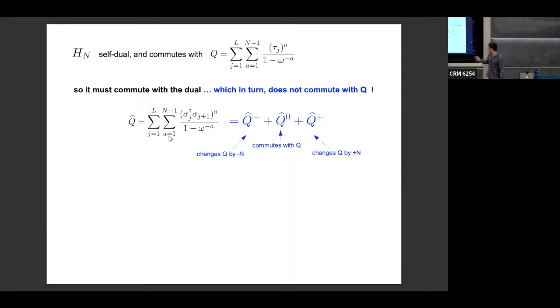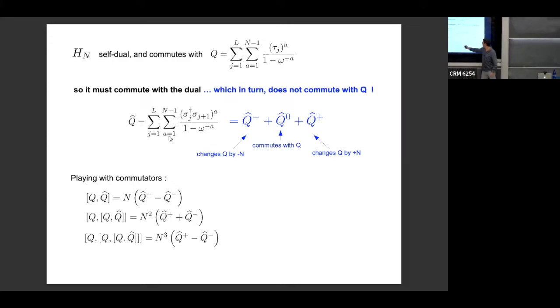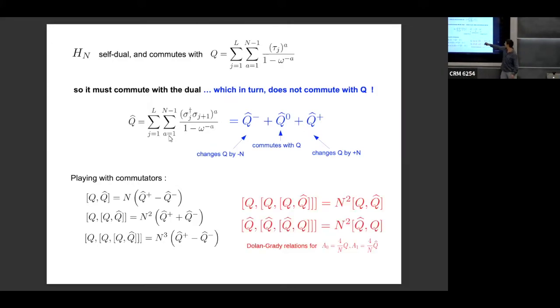To find out what this algebra is, let's play a bit with commutators. So Q hat is the sum of these guys. If we commute with Q, we're going to kill Q naught, and Q plus and minus are going to be multiplied respectively by plus and minus n. So we get this. We commute again, we get this. We commute again, we get this. And now if you compare this and this, you get this equation here, and you take the dual, you get this equation here.